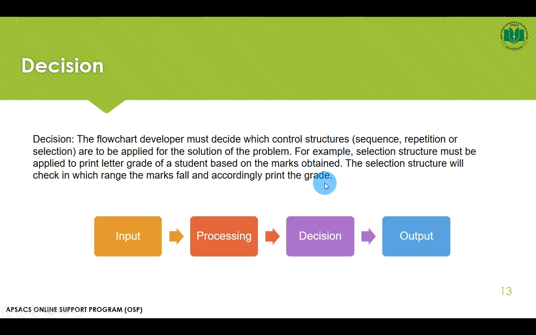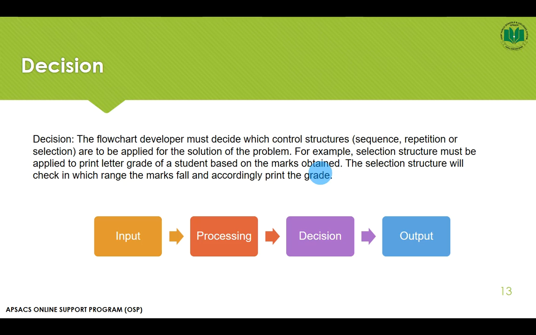I will give you an easy example: a selection structure is used to select between two values. For example, if you are trying to open your Facebook account, it will check your username and password and select whether you are suitable to log in or not, whether you are authorized or not authorized.